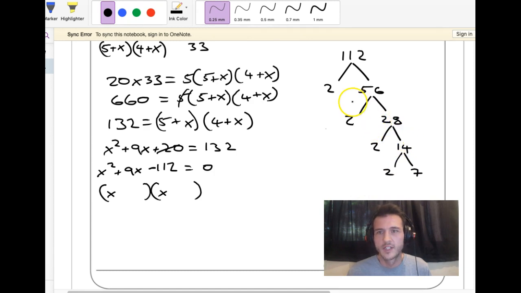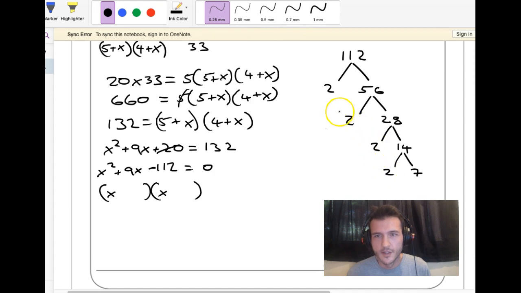Now, is it 2 times 56? No, because 56 minus 2 is not 9. Is it 28 and 4? No, 28 minus 4 is 24. It doesn't work. What about 14 and 2 times 2 times 2, which is 8? 14 minus 8 is 6. That's not 9.